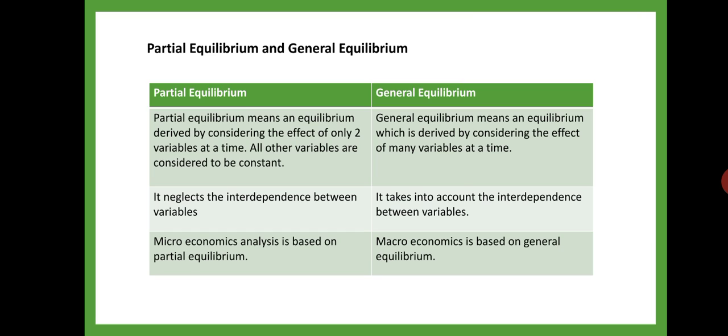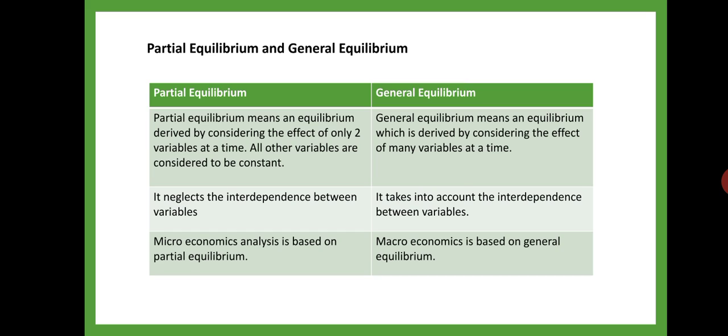In partial equilibrium, it neglects the interdependence between variables. Dependence of that particular commodity will never be considered in partial equilibrium, whereas when you study general equilibrium, it is going to correlate each and every commodity together and then study. So it takes into account the interdependence between variables, how one variable is dependent upon another variable. The study of this will be done in general equilibrium.